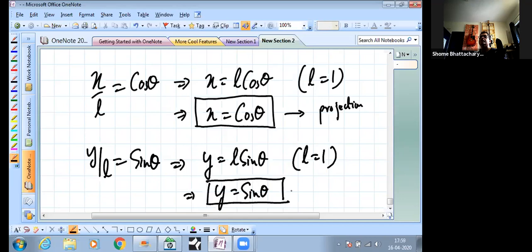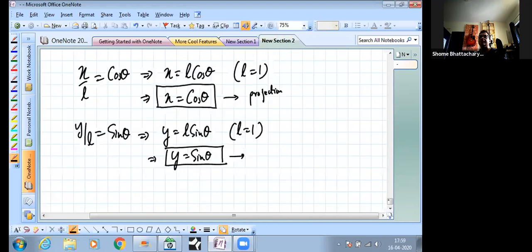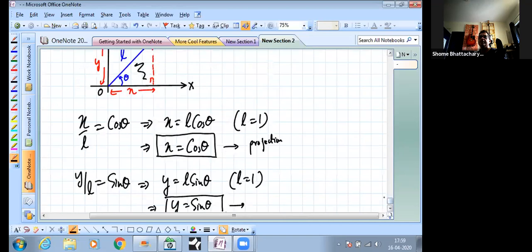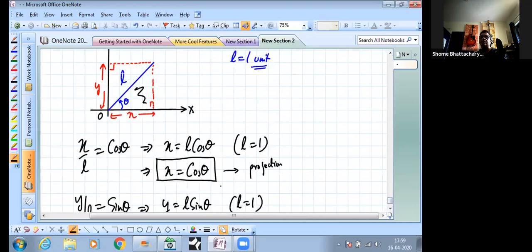It is not restricted to a right angle triangle. It just means that if you take a standard rod of unit length and keep it at an angle theta with respect to the x-axis, then the shadow it will cast on the x-axis, that is nothing but cos theta. And the shadow it will cast on the y-axis, that is nothing but sine theta. So cos theta becomes nothing but the x projection, and sine theta becomes nothing but the y projection. This becomes the new definition of sine theta and cos theta.